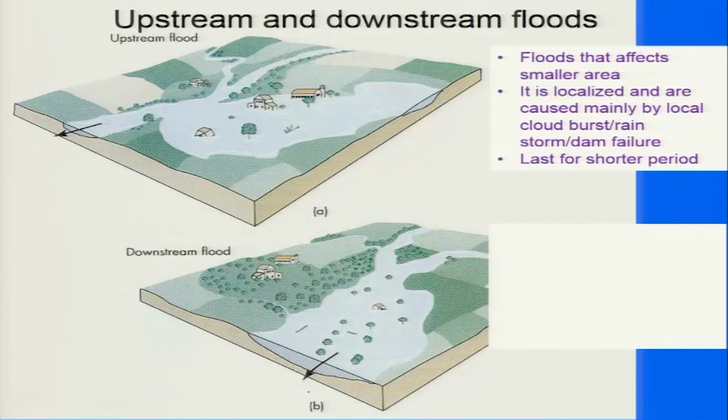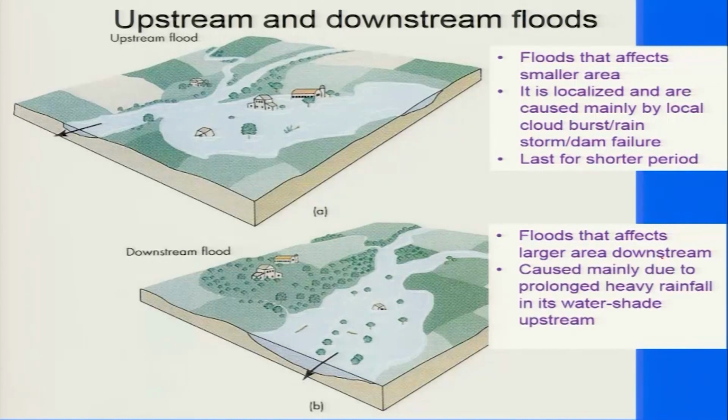They last for a very short period, whereas floods that affect a larger area, that is downstream floods, are caused mainly by prolonged heavy rainfall in the watershed upstream and last for a longer period.